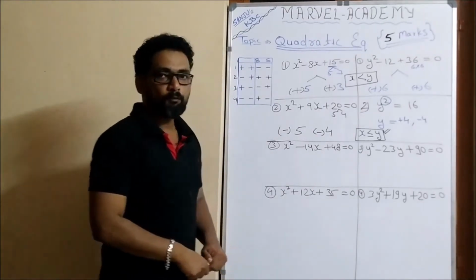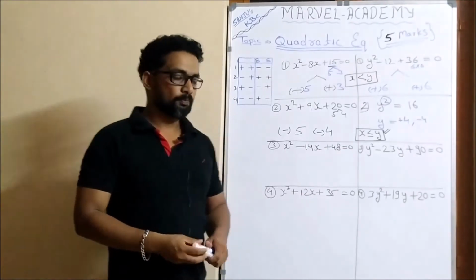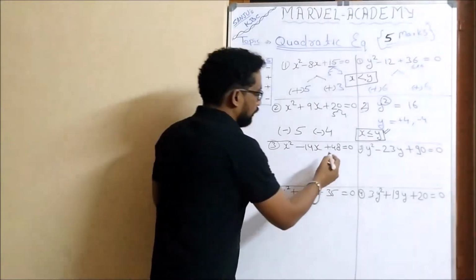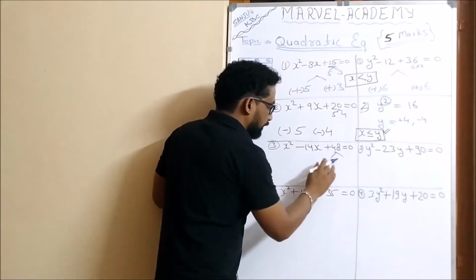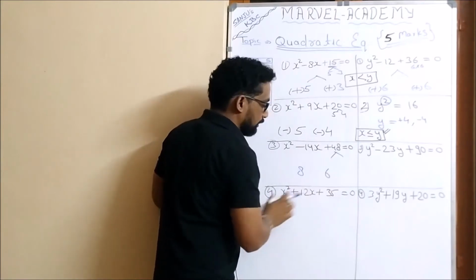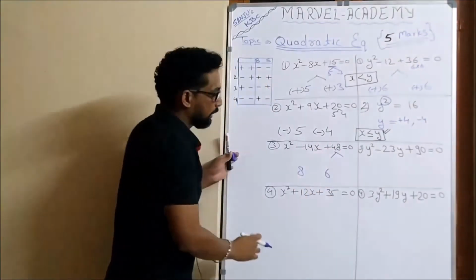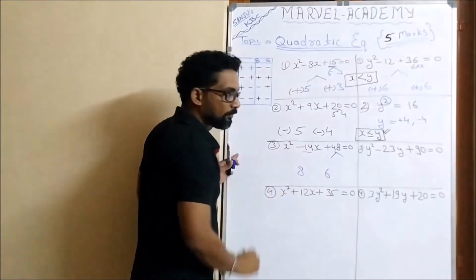x square minus 14x plus 48 equals to 0. So by factoring this, we will get 8 and 6. 8 6s are 48, and by adding 8 and 6 we will get 14.